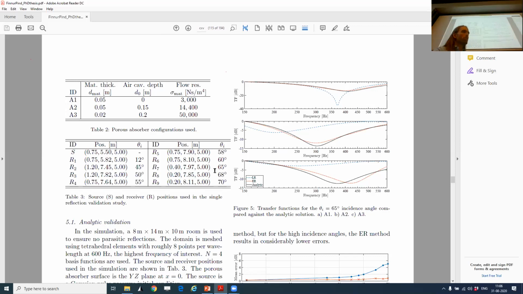The way we did this is that we know from material models, the transfer matrix model and Mickey's model combined, the angle dependent surface impedance as a function of angle, right? Then in Thomasson's model, we simply use the impedance for the right angle.